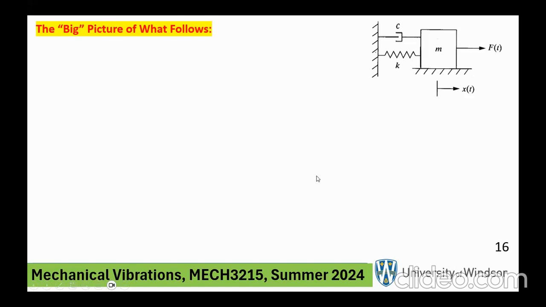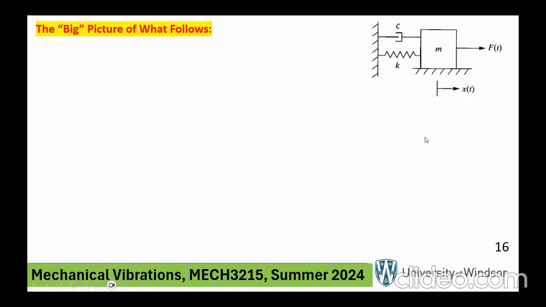So we're not going to do the entire case with damping today. But I'm going to give you the big picture of what will follow on Thursday, for example. We have a mass spring system here, but there is also a damper present.